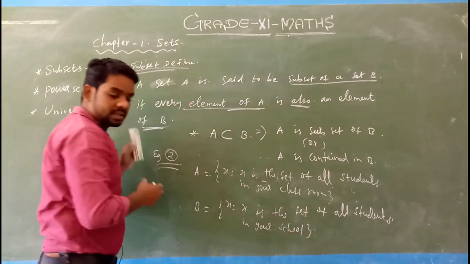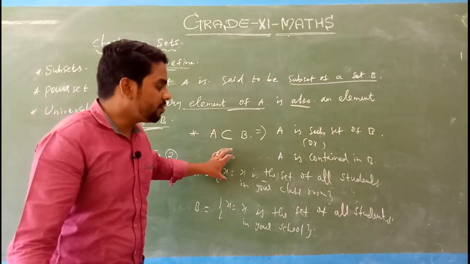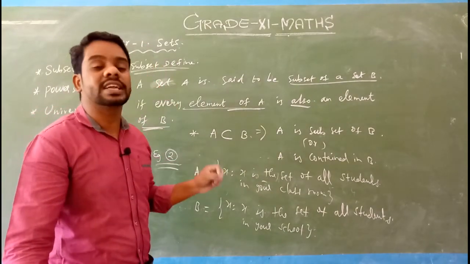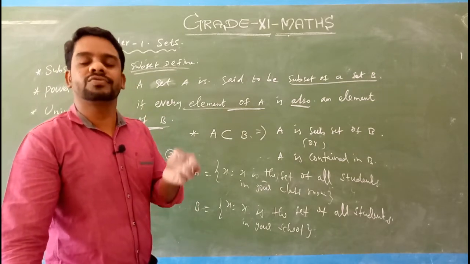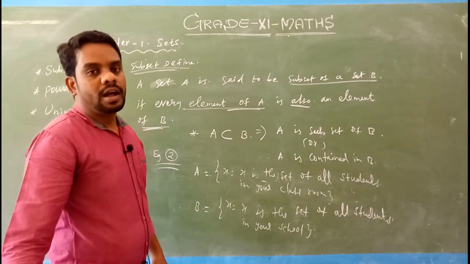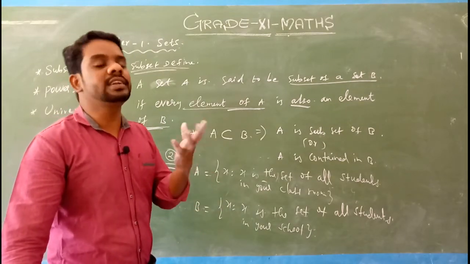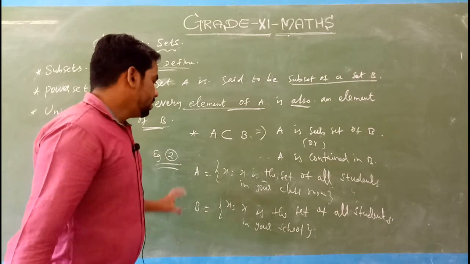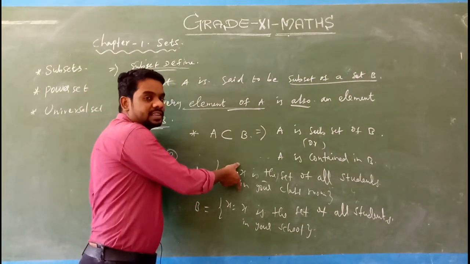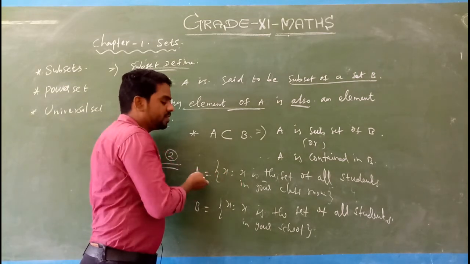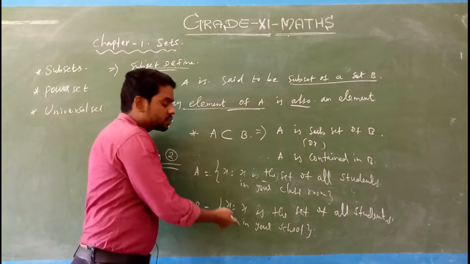So, listen, students. The first set has the elements: the set of all students in your classroom. Let us consider the total number of students in your classroom is 20, and the total number of students in your school is 100. So all 20 students, all members of set A, are contained in your school.